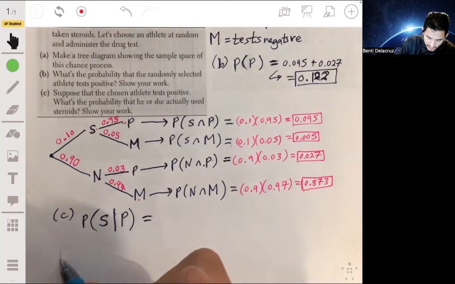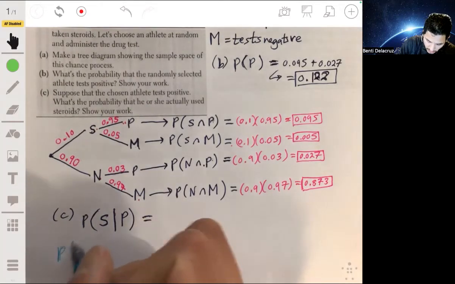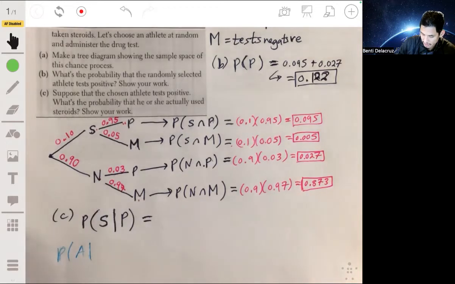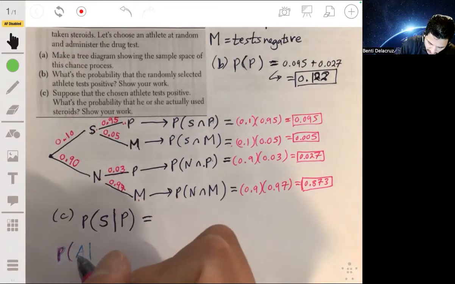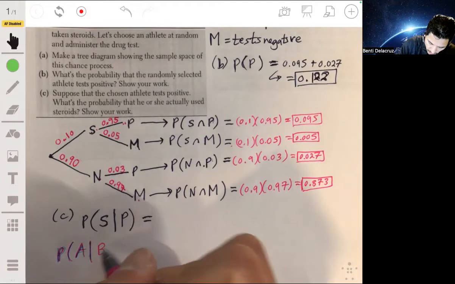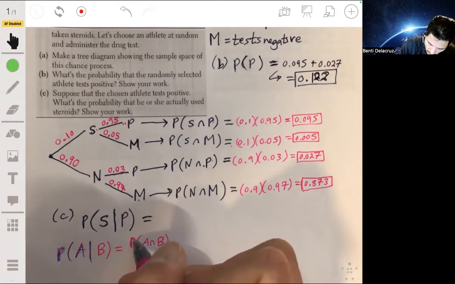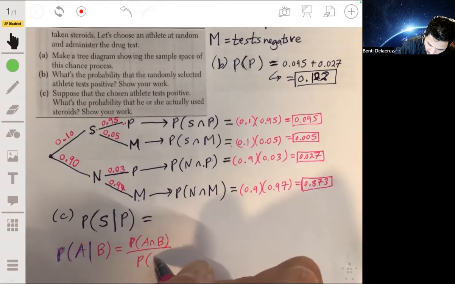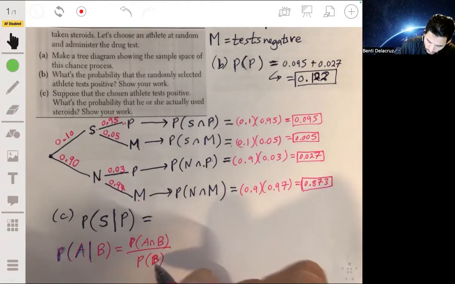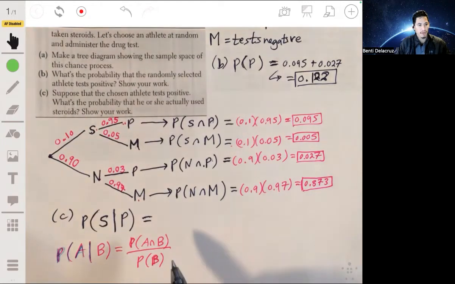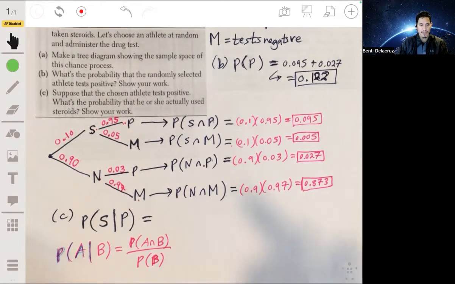It's usually in terms of A and B. It says the probability of A given B is equal to the probability of A and B over the probability of B.